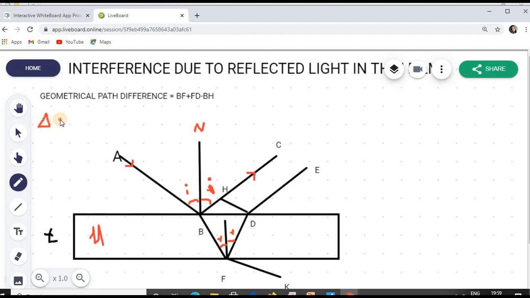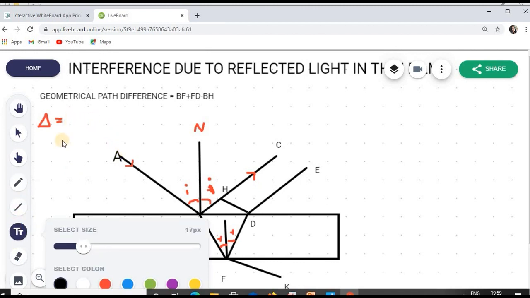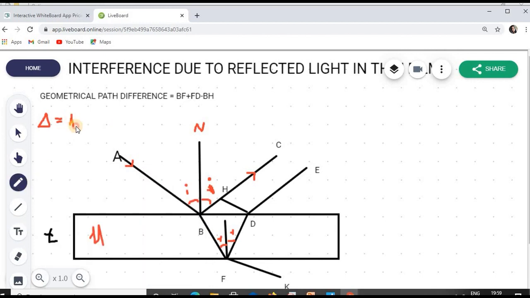The optical path difference delta is equal to mu into BF plus FD, minus 1 into BH.